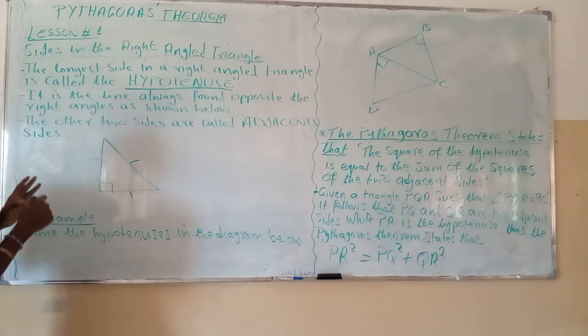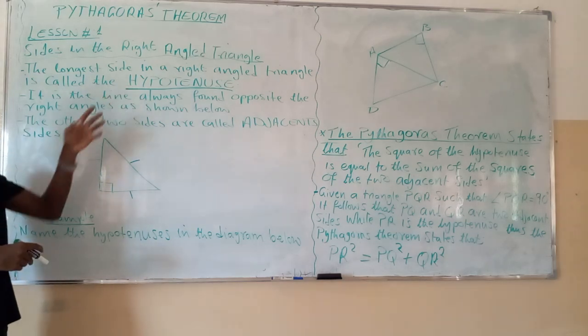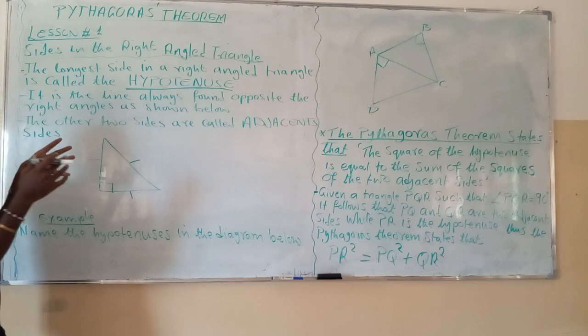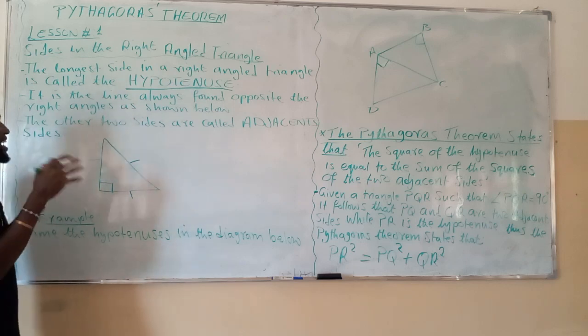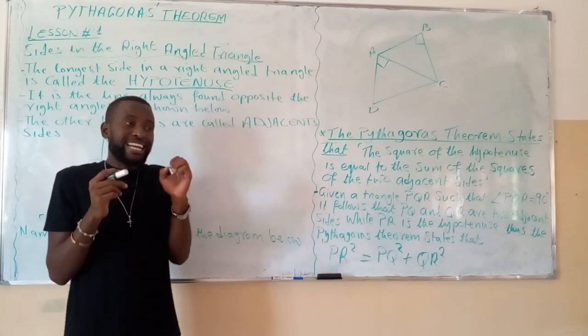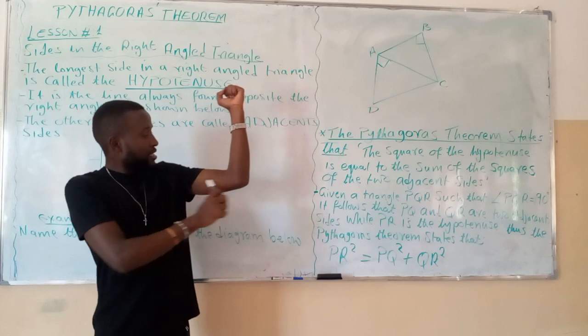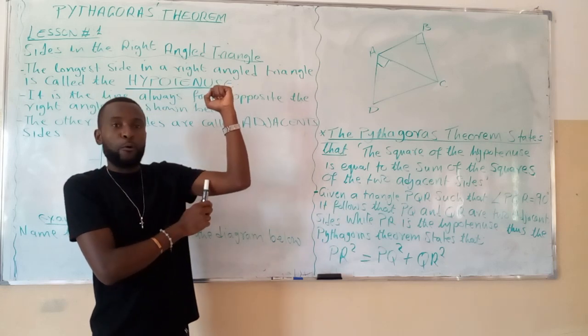It is the line always found opposite the right angle, as shown below. So the right angle is simply the demarcation. Let's say I formulate a triangle with my arms.